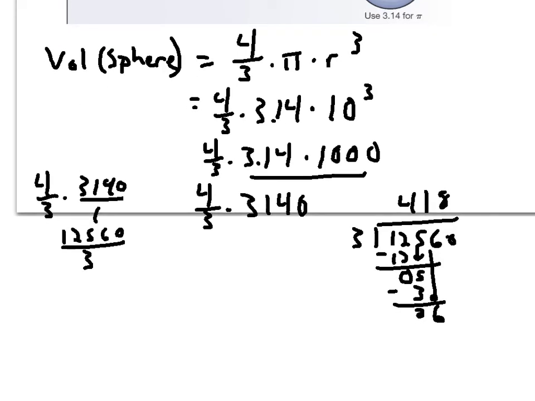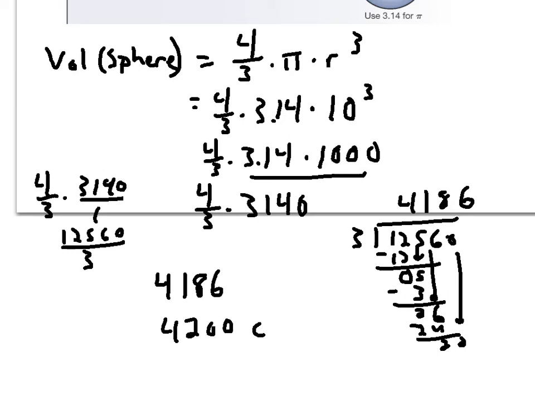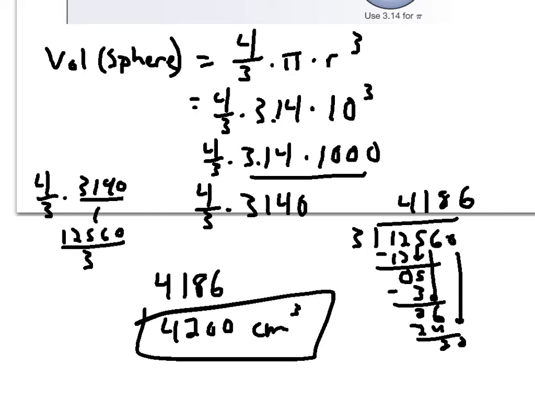Okay, and I get 24, 2, and bring down the 0. Okay, now I could keep going and make this a decimal, however, it told me to round it to the nearest hundred. So I've already got enough decimal places to round this to the nearest hundred. So 4,186 rounded to the nearest hundred is 4,200 centimeters cubed for the volume of the sphere.